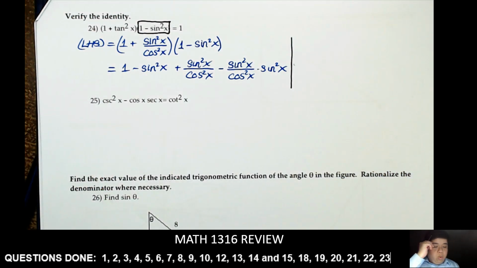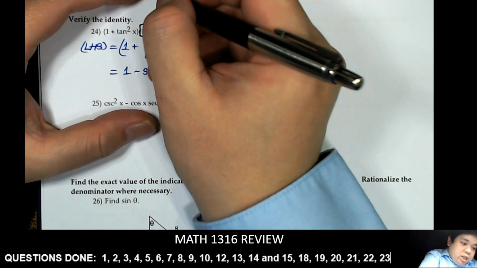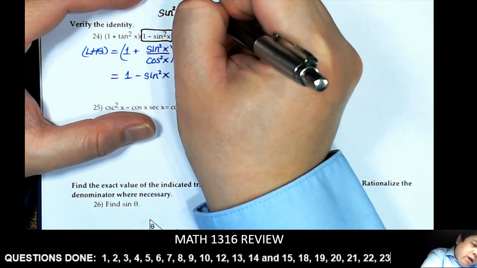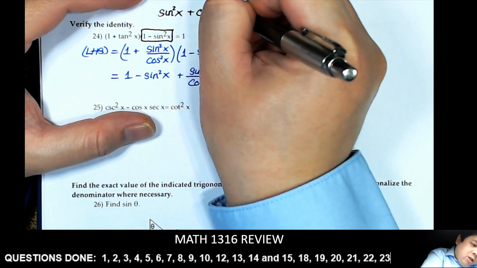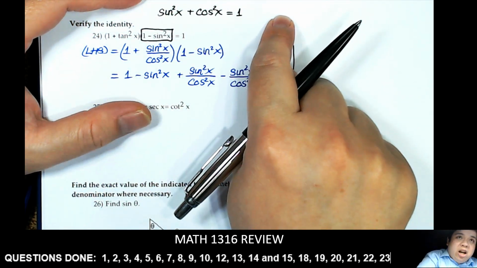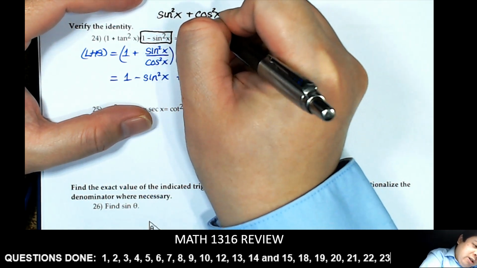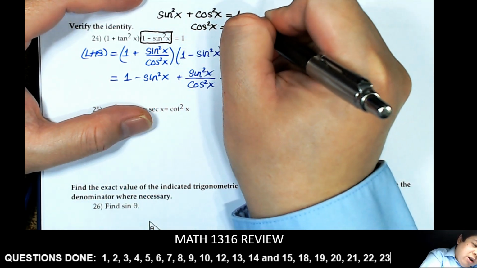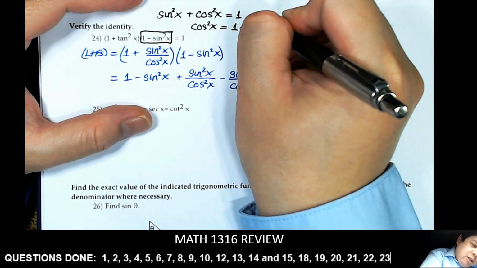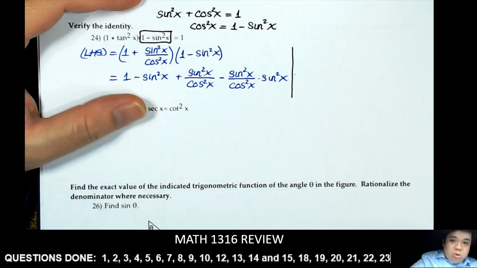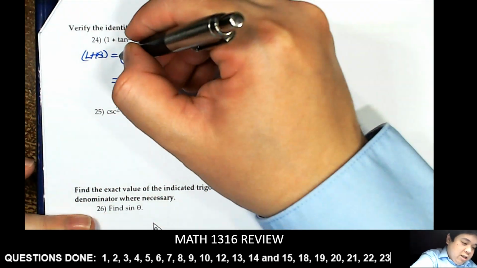1 minus sine squared. Since sine squared plus cosine squared is 1, if we subtract sine squared on both sides, we have cosine squared equal to 1 minus sine squared. So instead of 1 minus sine squared, we use cosine squared. So let's try again.